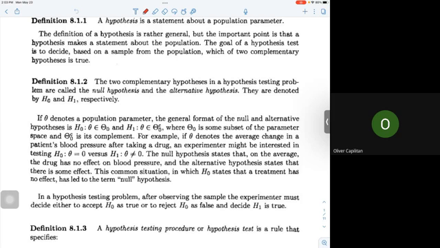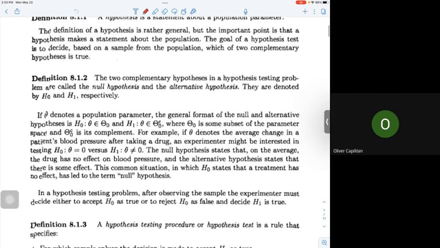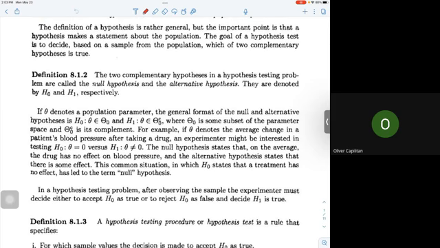The alternative hypothesis, H sub 1, is the statement that theta is an element of big theta sub 0 complement, or the complement of big theta sub 0, which we can also call the alternative parameter space.